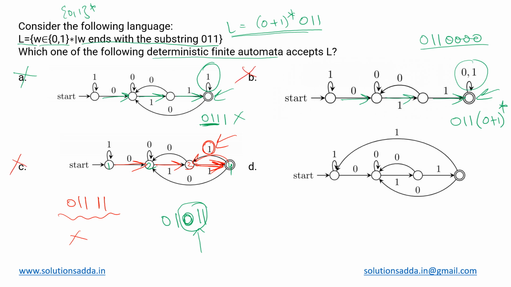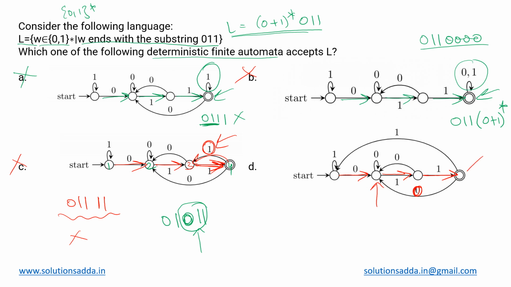Then coming to the last one, obviously it has to be true, but let us check. Here we get the substring 011, and after that from this last state if there is any 0 then we are coming back to the second state, so that this 0 again gets followed by 1, 1.